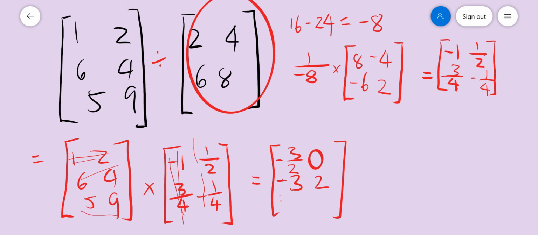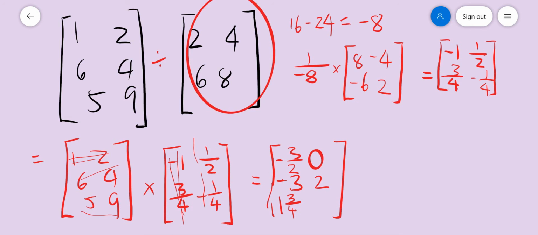This number here is third row, first column. That is 6 and 3 over 4, plus minus 5. You just subtract 5, and what you're left with is 1 and 3 over 4. And the last number here is third row, second column.